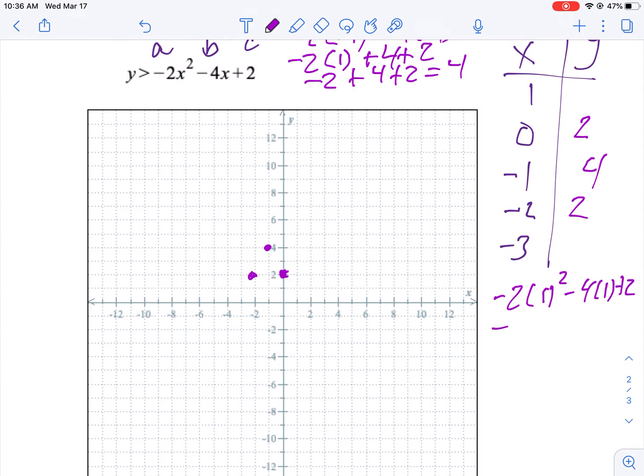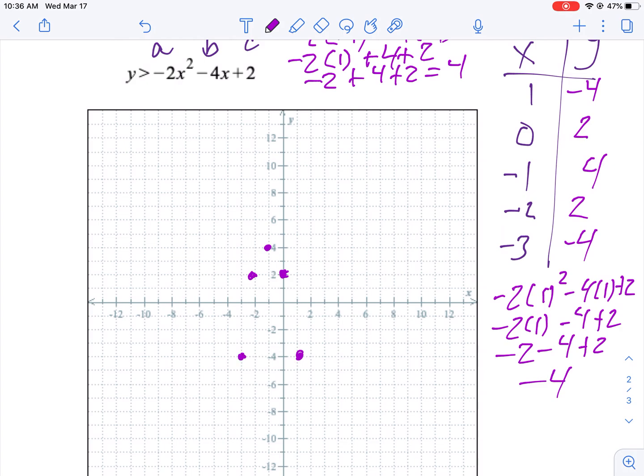So negative 2 times 1 minus 4 plus 2. So I get negative 2 minus 4 plus 2 gives me negative 4. So when x is 1, y is negative 4. And then when x is negative 3, I'm at negative 4 because I know it's symmetric.